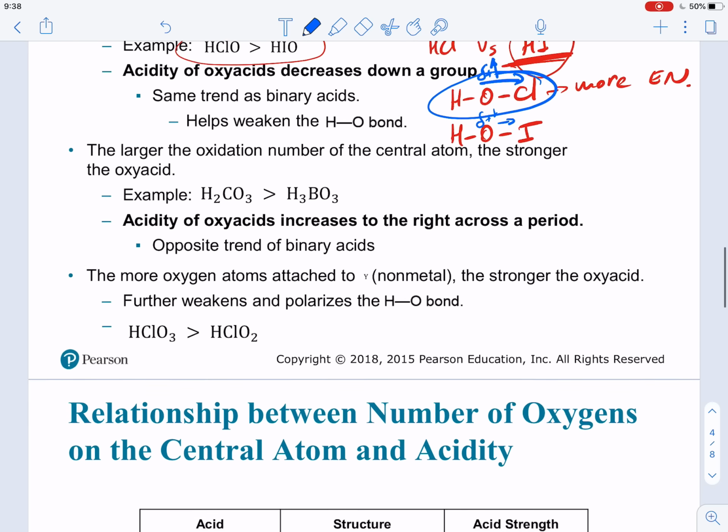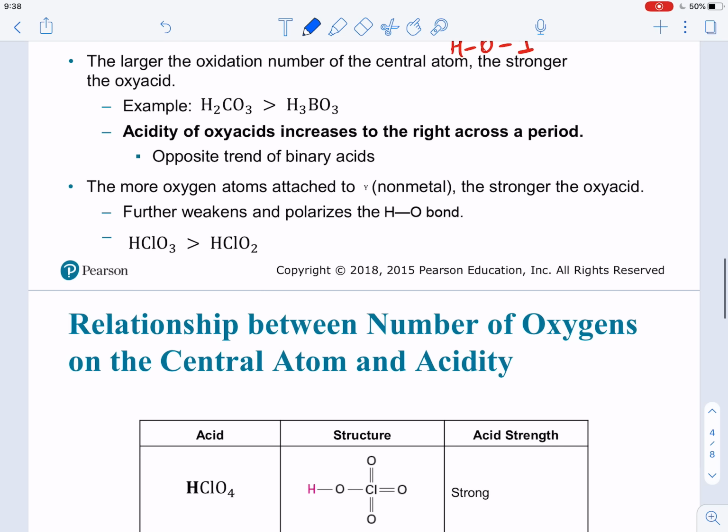Now, when you have larger oxidation numbers in the central atom, the acid is stronger. Okay, so here particularly, carbon will technically have a +4 and boron will have a +3. Okay, and not necessarily something that is easy to picture in terms of electronegativity.